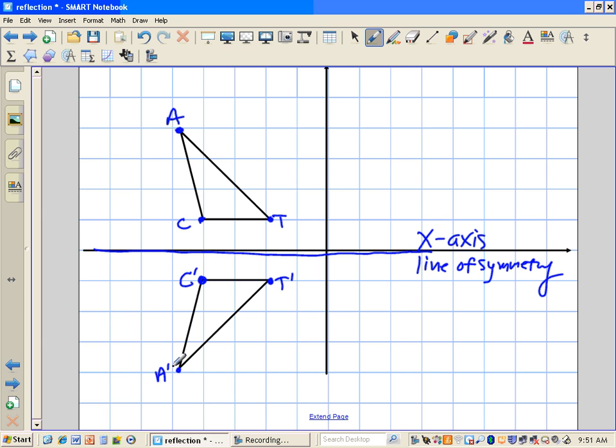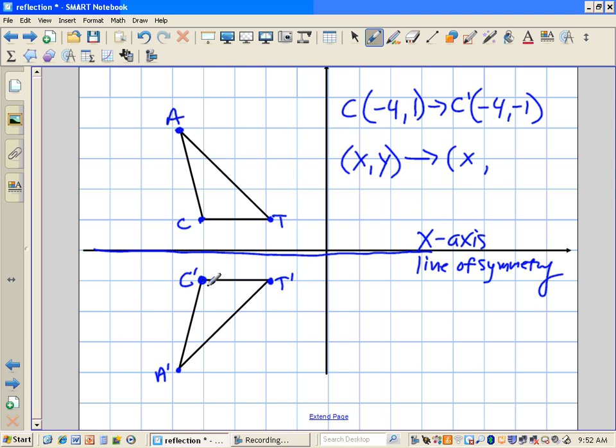If we look at point C, which is negative 4, positive 1, C prime is negative 4, negative 1. So it appears as if the x's stayed the same, the y switched from being positive to being negative. So it's going to be the negative of whatever y is, or the opposite of whatever y is.